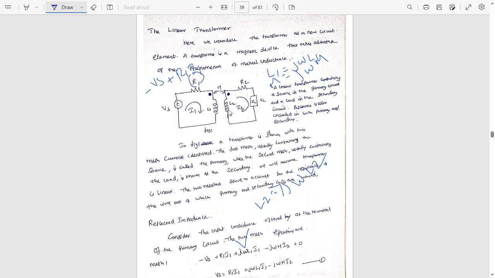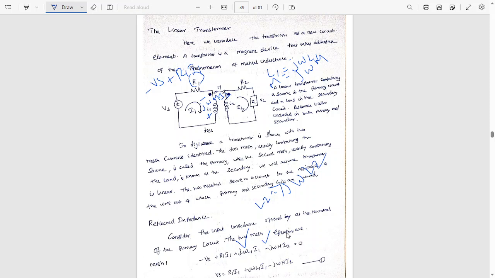Here I2 is entering the undotted terminal, so the generated voltage across L1 is positive at the undotted terminal and negative at the dotted terminal, and the generated voltage will be j omega M multiplied by I2, because this voltage is generated due to the current I2. Now check the direction of current I1. I1 is entering negative and leaving positive, so it does not obey the passive sign convention, so I will put a minus sign here. j omega M I2 equal to 0.